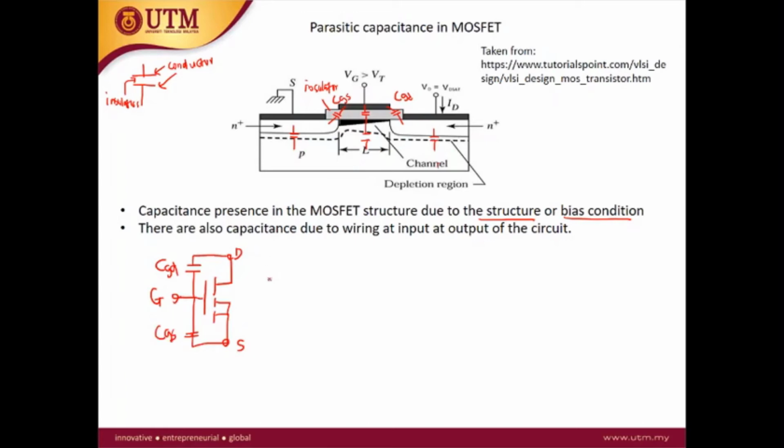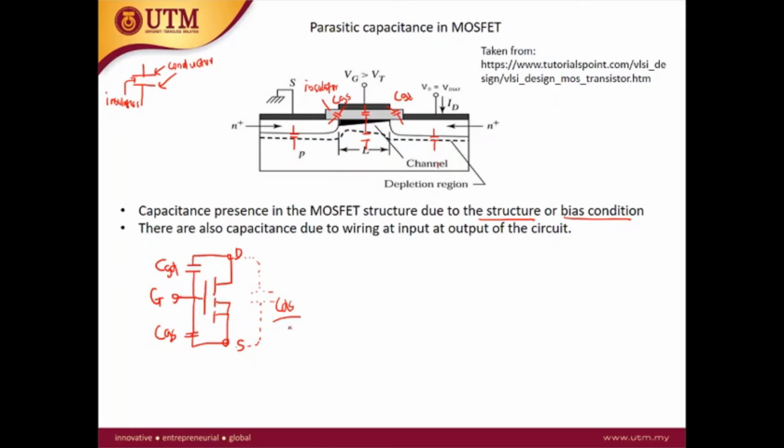If you consider it like this, you can also say that between source and drain there will be a parasitic capacitance, CDS. However, this CDS is not that significant, because in terms of device operation there is no metal-insulator-metal structure between source and drain. So the CDS, most of the time we ignore this.